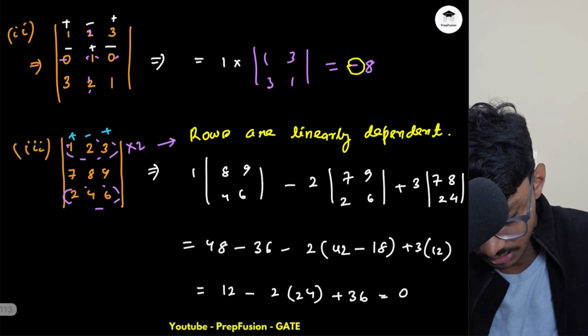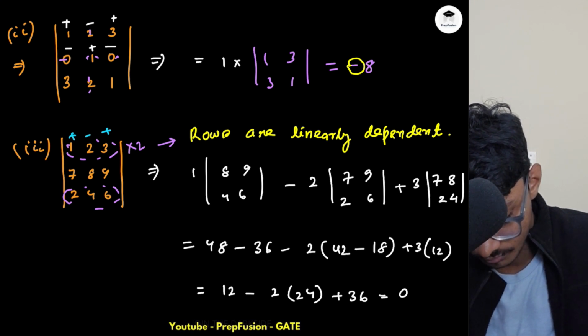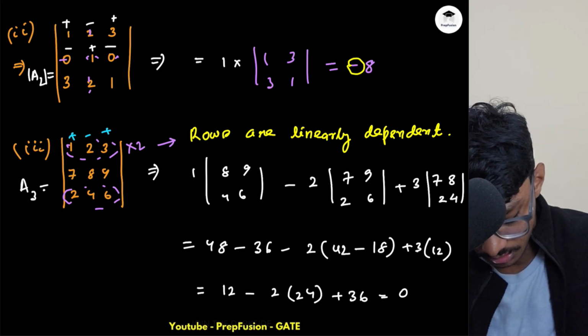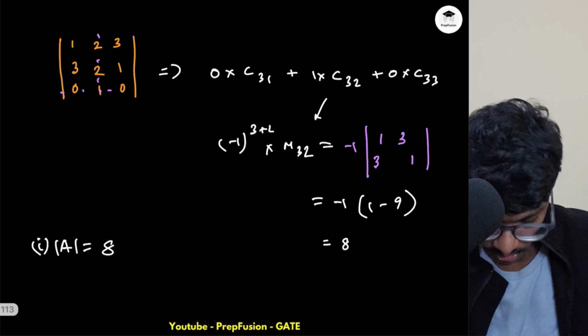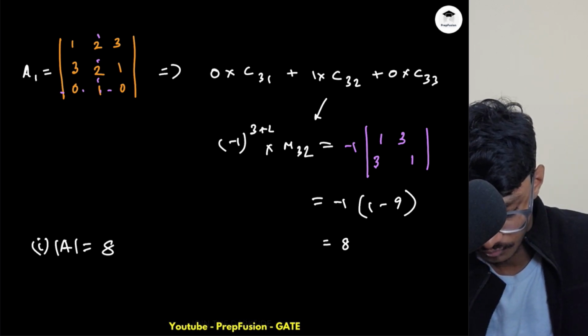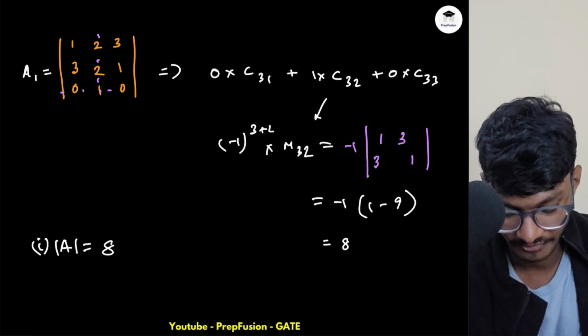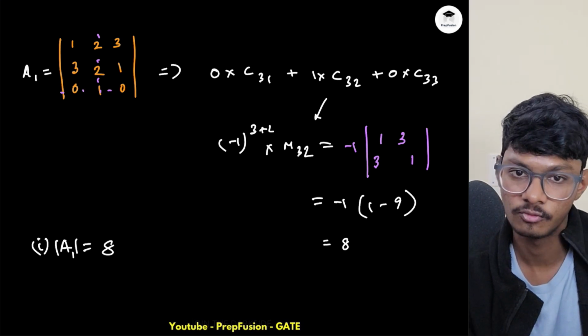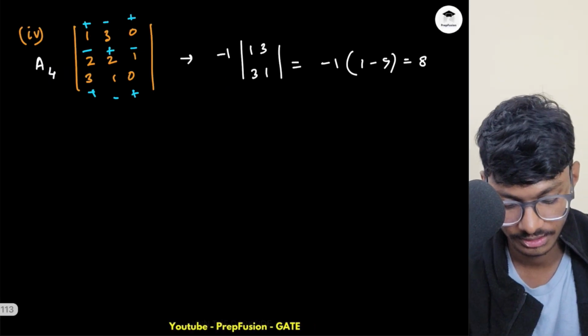Let me name this as A2, this as A3, and this as A4, and let me name the first one as A1. So determinant of A1 is 8 and determinant of A4 is also 8. What does it mean?